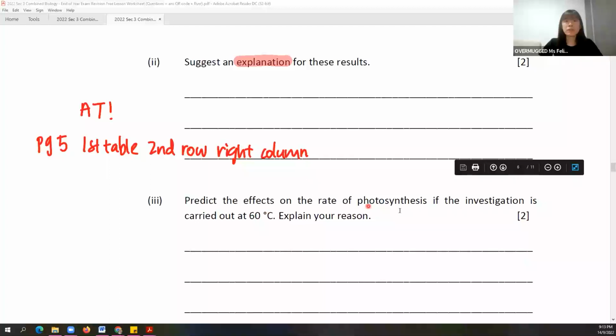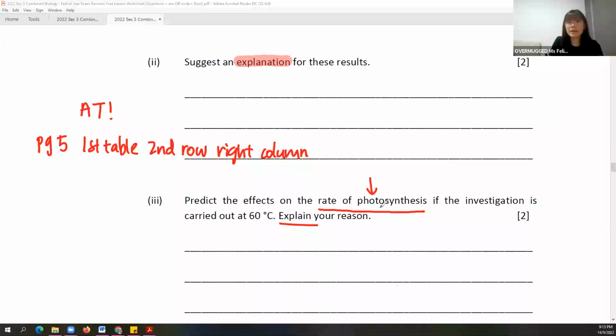Predict what happened to the rate of photosynthesis. Yeah, correct, it decreases. Why did it decrease? The explanation is linked to enzyme again. When temperature is too high, what happens to your enzyme? If you look at the notes, it's always about enzyme. Yep, it denatures. So that's the answer already.